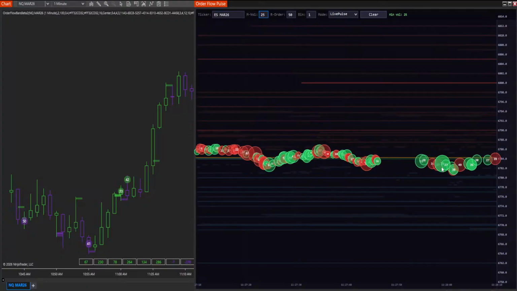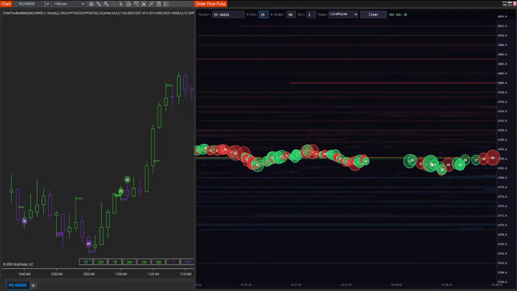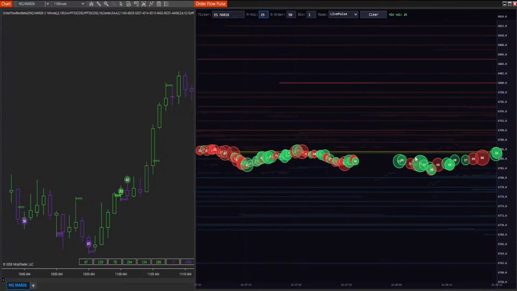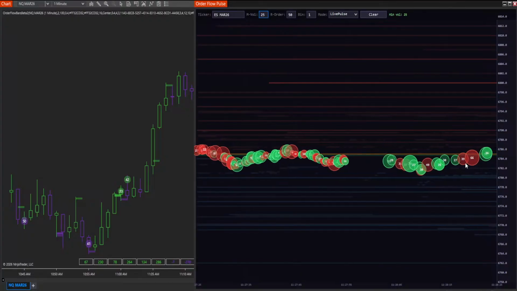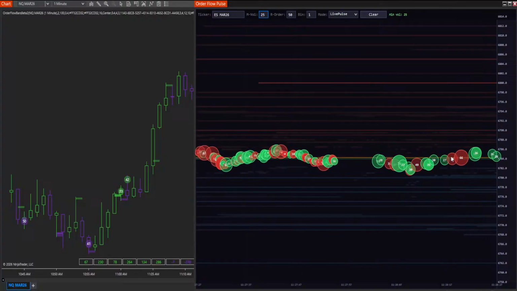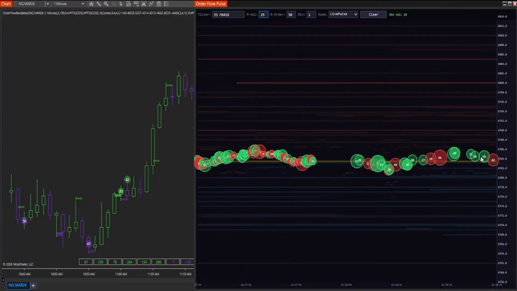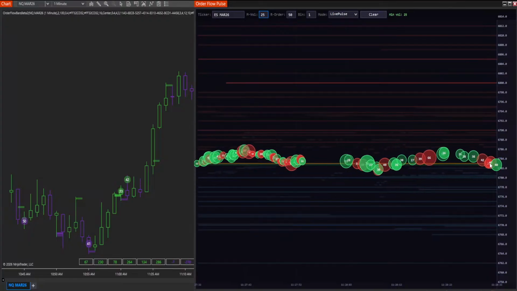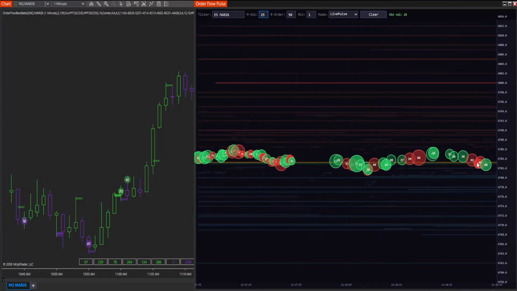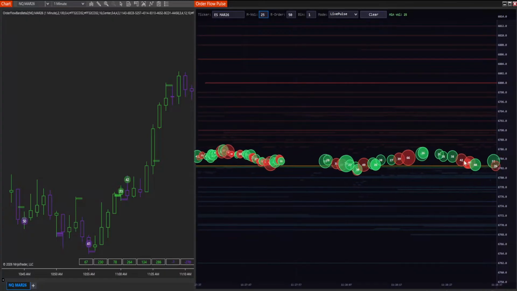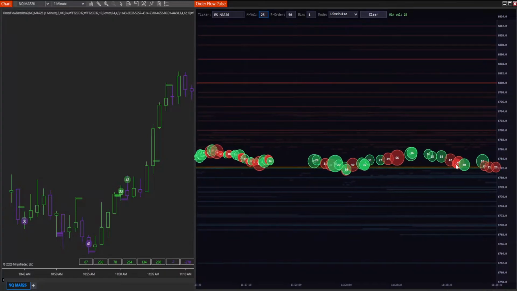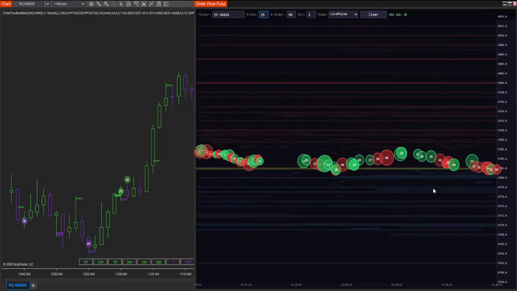So if you get a nice solid green bubble, that means it has high positive delta. That right there, kind of light, that means a low delta. Okay, you saw that solid green bubble that was forming. That means for that area, it was high negative delta.